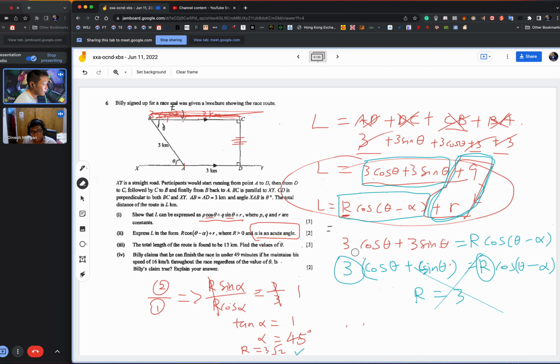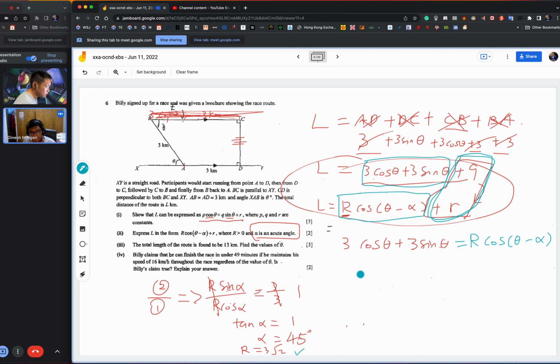I should solve it like what I did just now, which is I expand it out and then I figure it out. So therefore r is equal to 3 square root 2, and then alpha is equal to 45, which is acute.